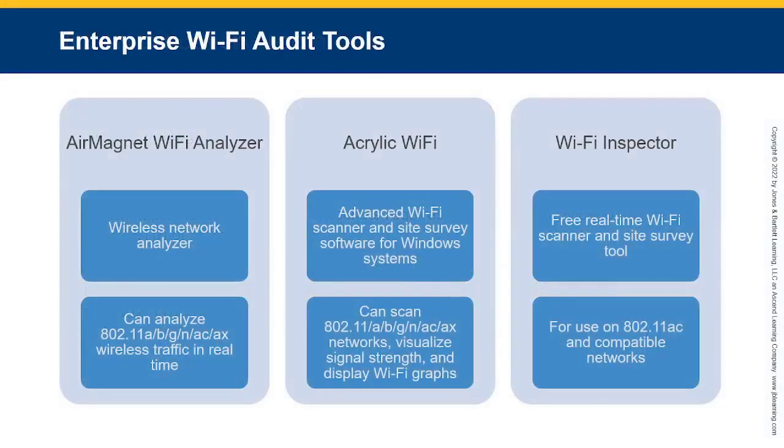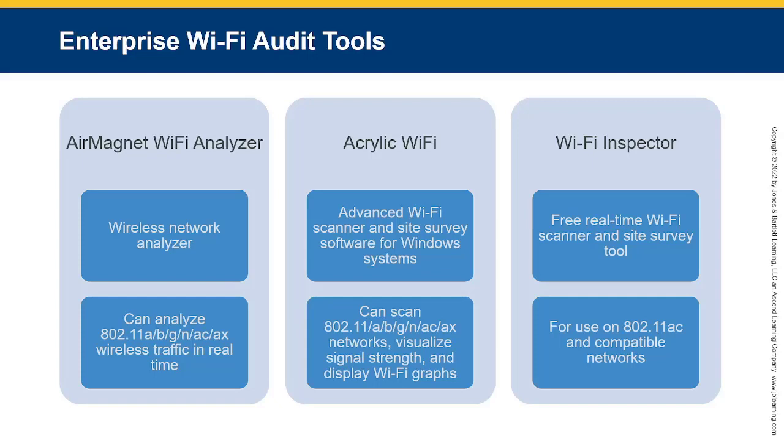So these are some of the Wi-Fi audit tools. You have AirMagnet Wi-Fi Analyzer. This is a wireless network analyzer, and it can analyze 802.11a, b, g, and AC/AX wireless traffic in real time. You also have Acrylic Wi-Fi, the advanced Wi-Fi scanner and site survey software for Windows systems.